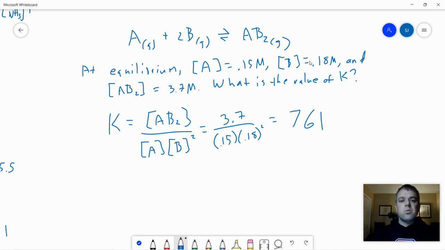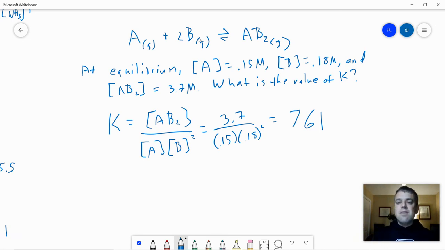Let's consider one more thing. If we had started with equal amounts of both A and B, when equilibrium is established, what can we say about the relative amounts of A and B? Well, this reaction is going to proceed to the right because K is a quite large number. And so as A is used up, B gets used up twice as fast.